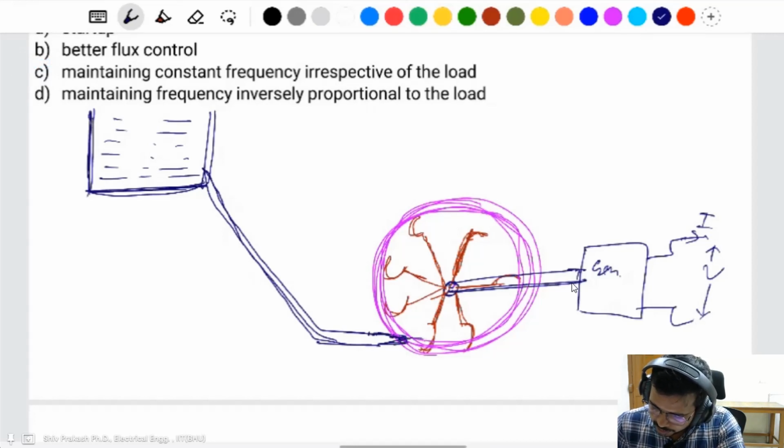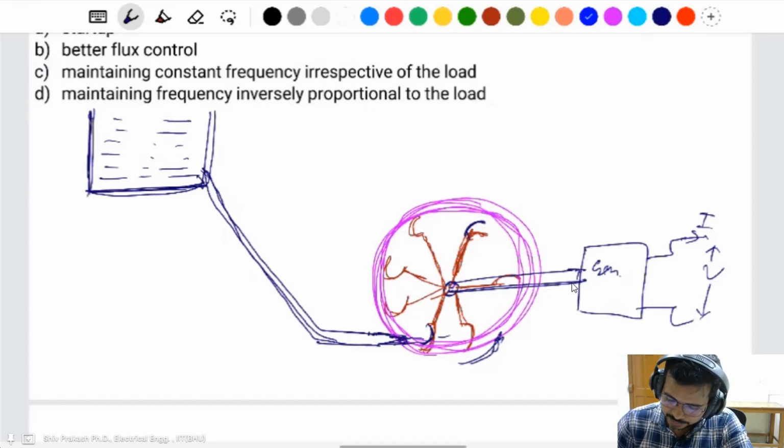The nozzle throws the water onto a plate or a cup type blade of the turbine. Then the turbine rotates, and the generator generates the voltage.